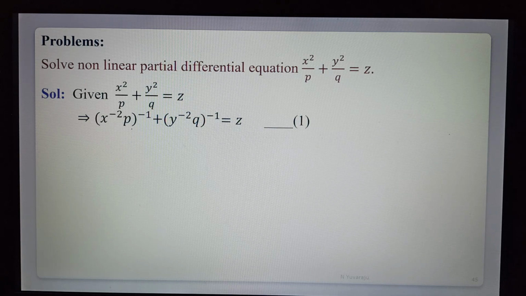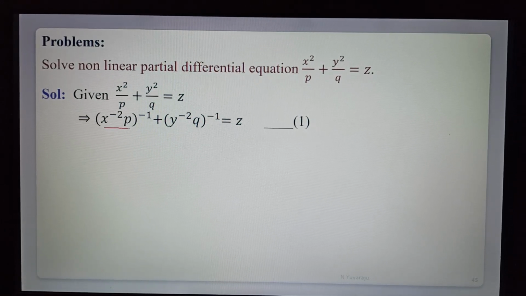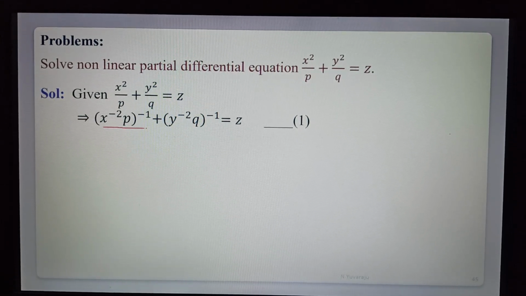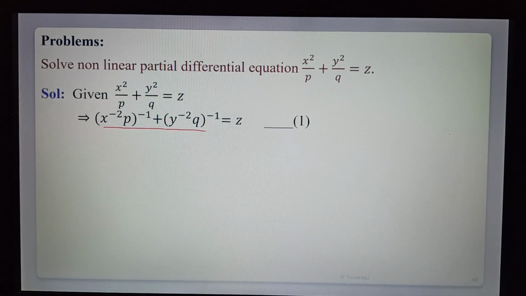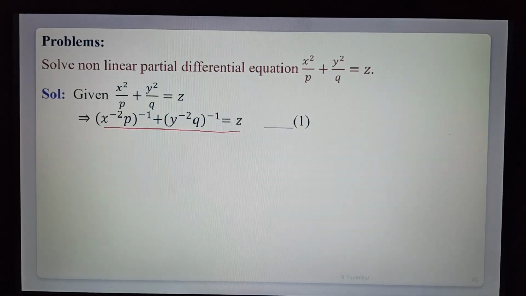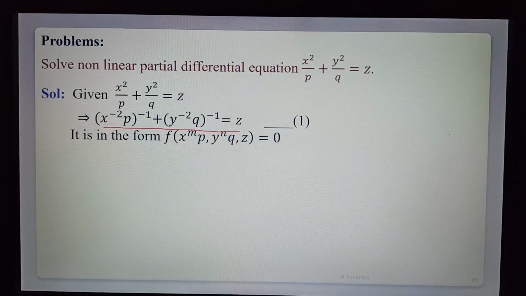So it is converted into that form: x power minus 2 into p whole power minus 1 plus y power minus 2 into q whole power minus 1 is equal to z, which is in the form f of x power m p comma y power n q comma z is equal to z.